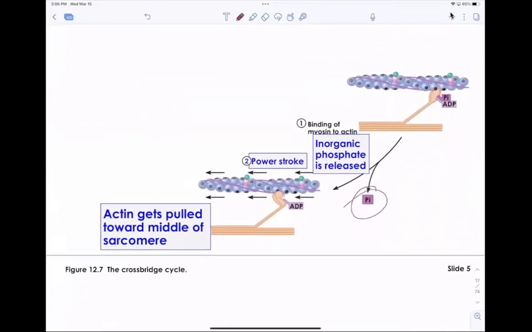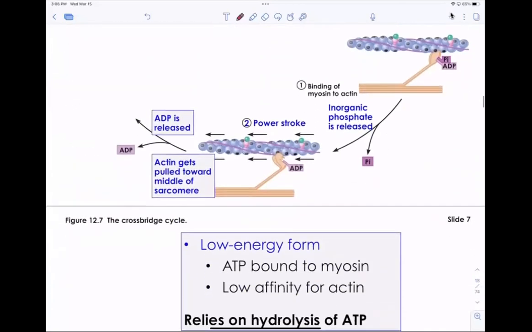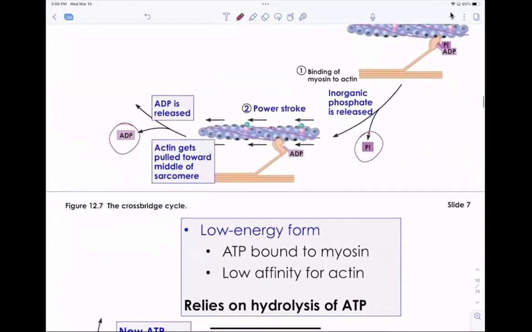Inorganic phosphate releases, energy gets released in the myosin head, and that causes a power stroke. Actin gets pulled towards the middle of the sarcomere. After actin gets pulled towards the middle of the sarcomere, the myosin head releases adenosine diphosphate. Remember, it already released the inorganic phosphate. ATP means triphosphate. ADP is 2, and there's the third.